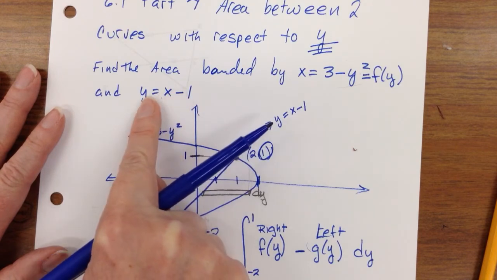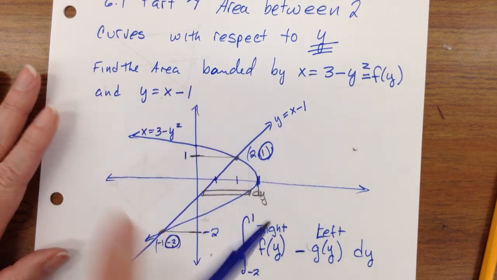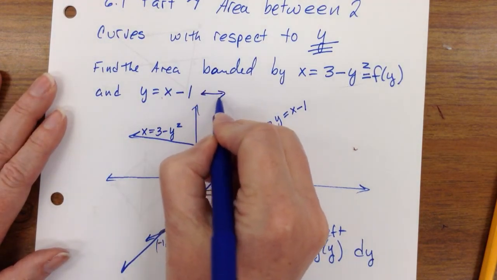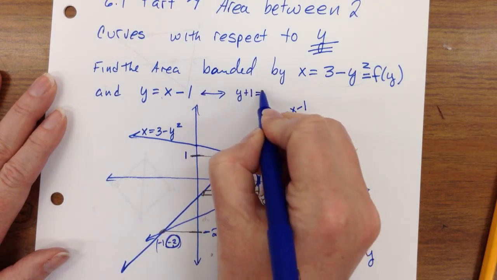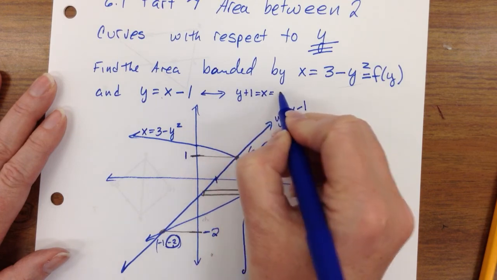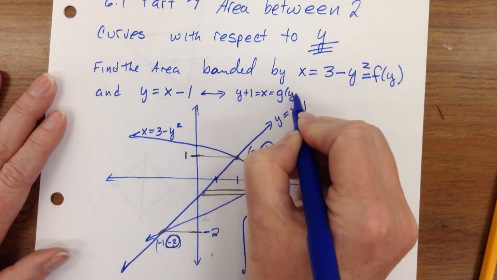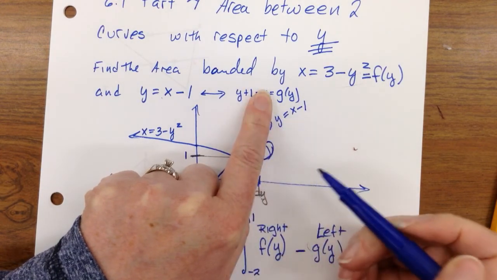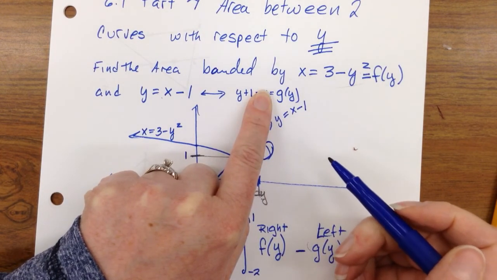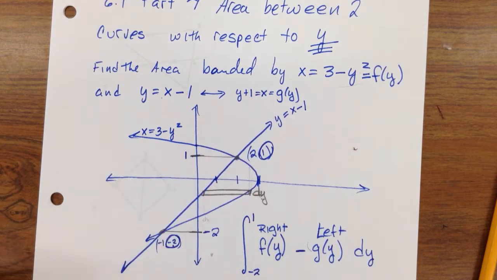I'm going to move the 1 to the other side. If I rearrange this equation, it becomes y plus 1 equals x. And I will call that g of y. Look at it. It's a function in the variable of y. No way. We can totally do this.